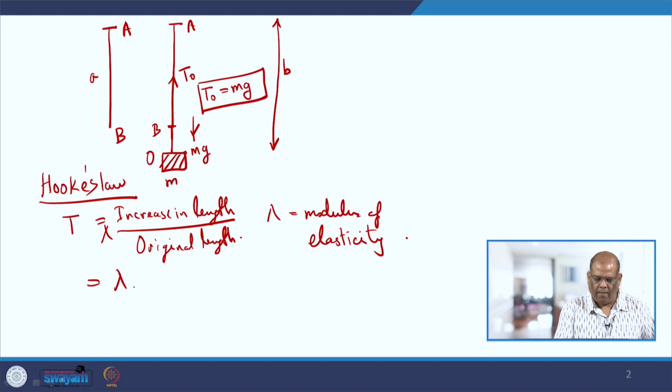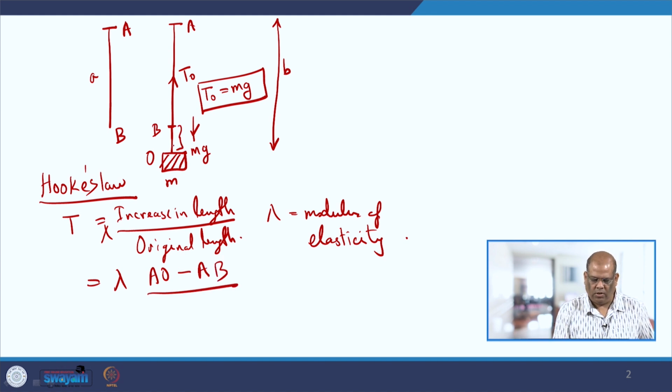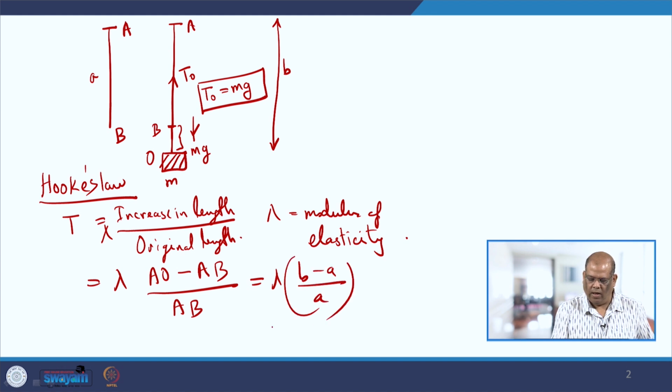So, this is lambda times the increase in length, which is AO minus AB, divided by the original length, which is AB. So, this is equal to lambda times B minus A divided by A, and that is your T0.